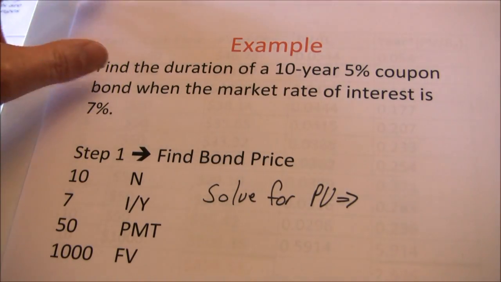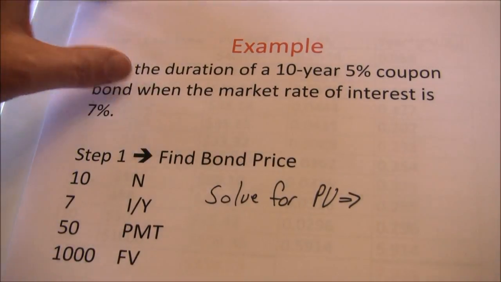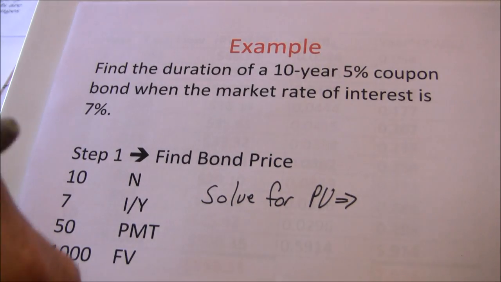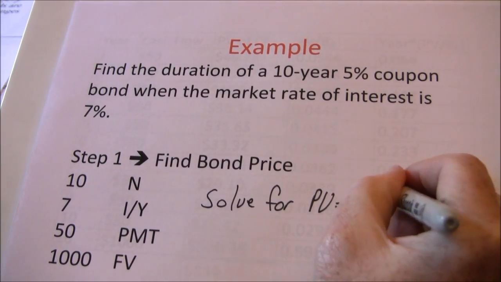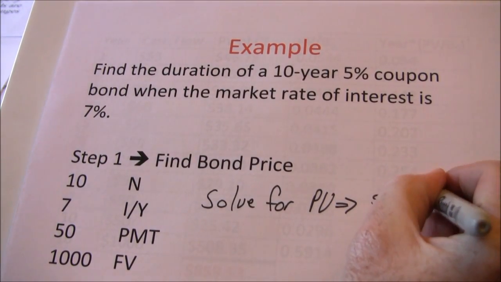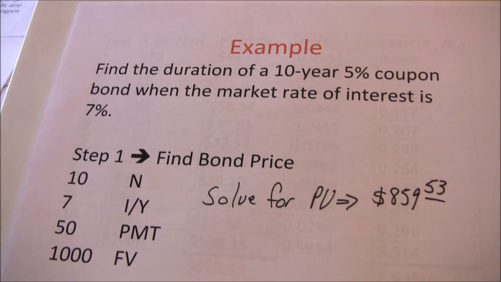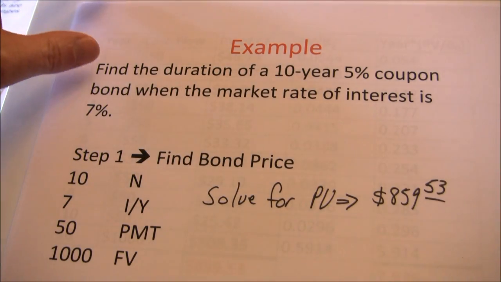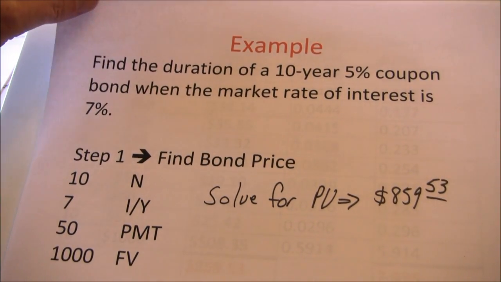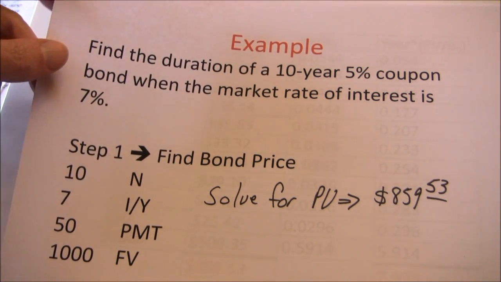I already did that. The answer is $859.53. So when you find the value for the bond price, you should come up with $859.53. Note we assumed annual coupon payments in this calculation.